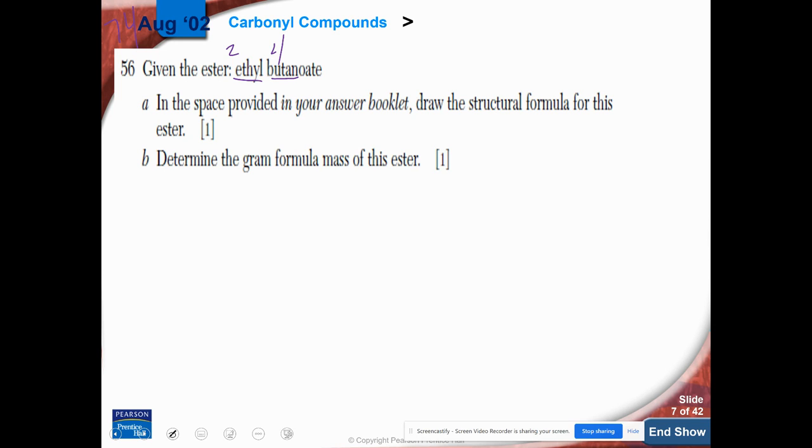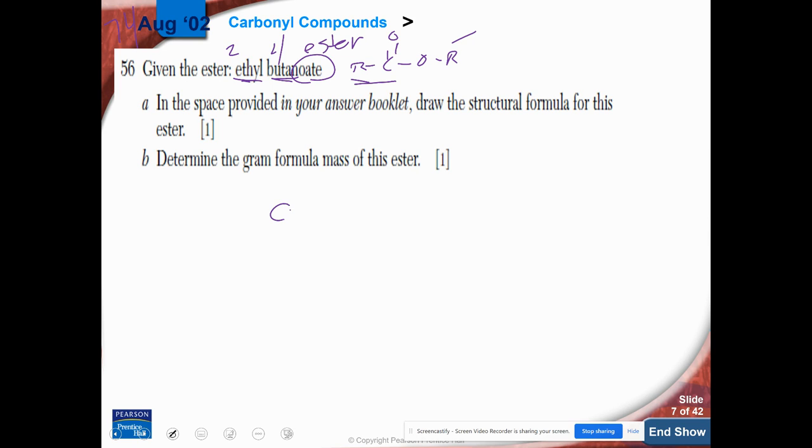So this basically means I have a 2-carbon branch on the 4-carbon chain, and then the OATE tells me that this is an ester, and the ester functional group is the carbon-oxygen double bond O, and then I've got those R's and those R's. So this will be the ethyl part, and then that part over here is going to be the butanoate part.